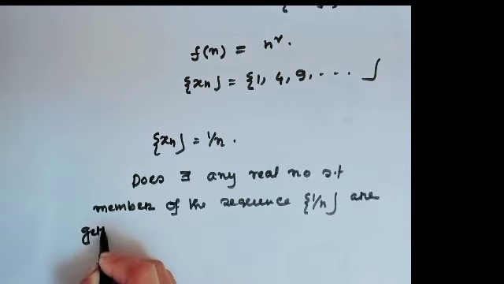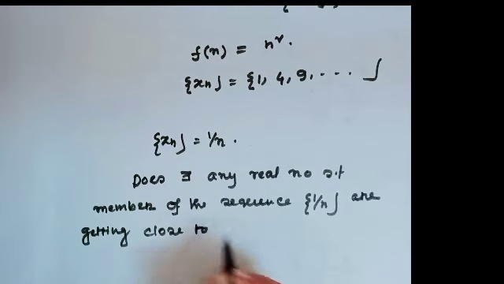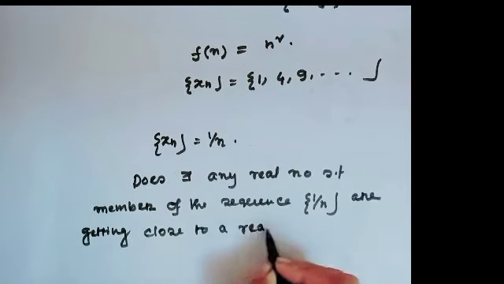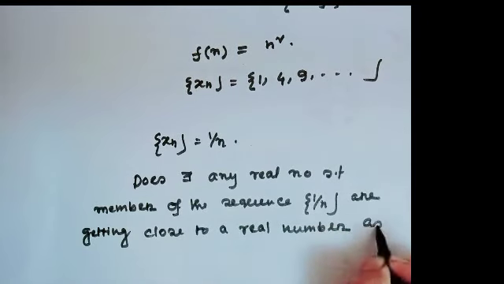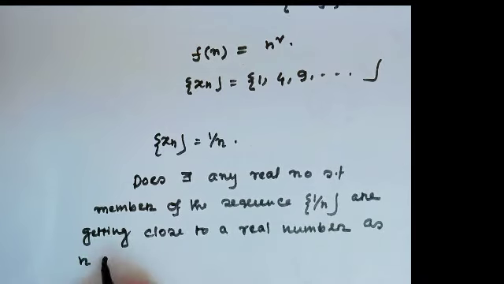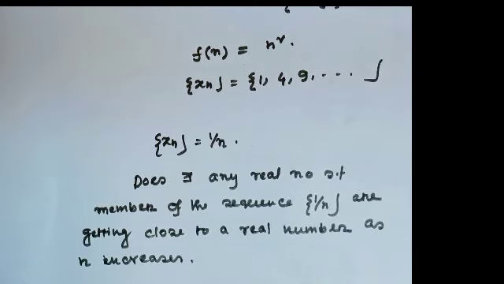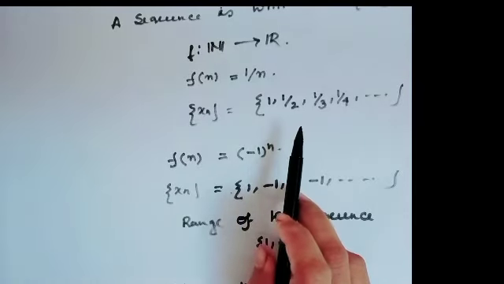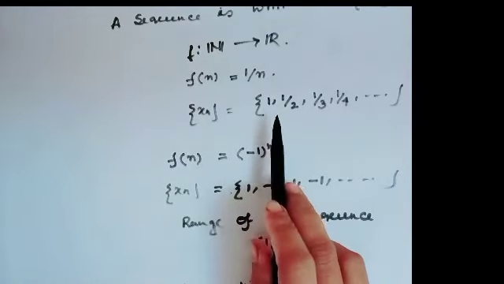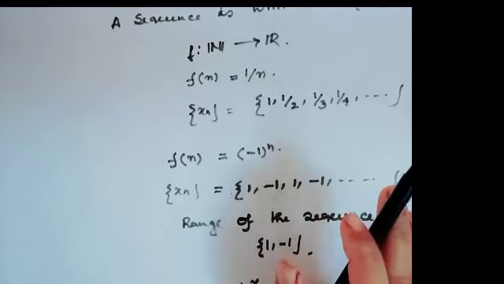Okay? If you look at just this sequence, you see the denominator is increasing as n increases.